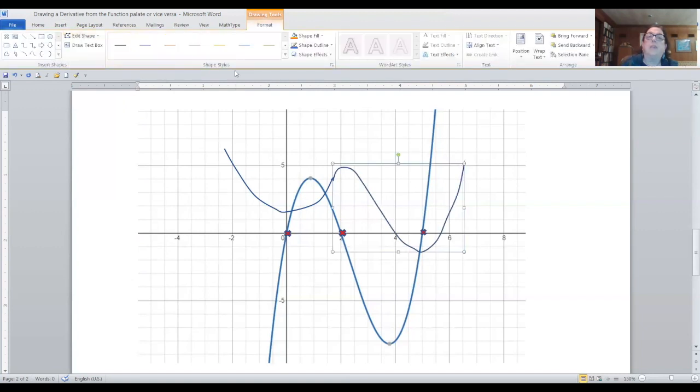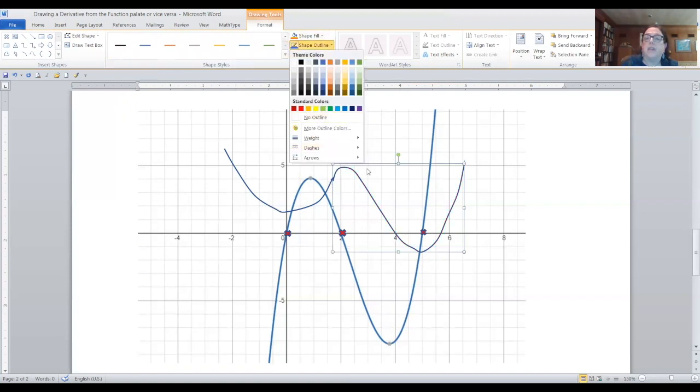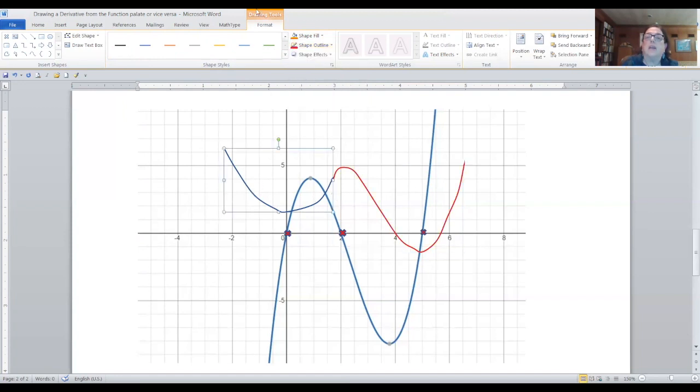And now if I want this to be red, I have to select red as the color because it's the function. Okay, so red is the original function and blue is the derivative.